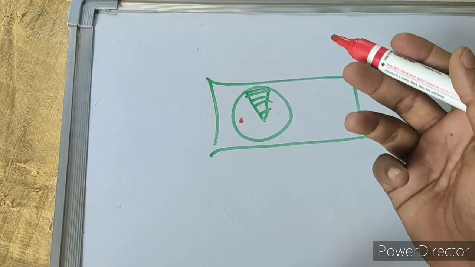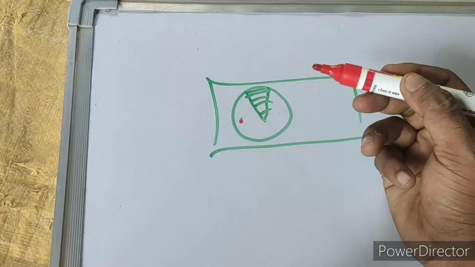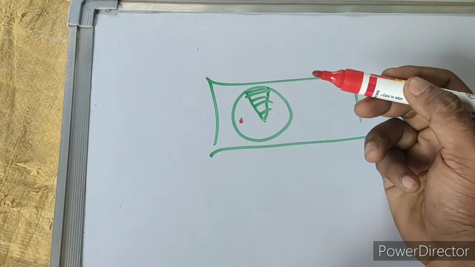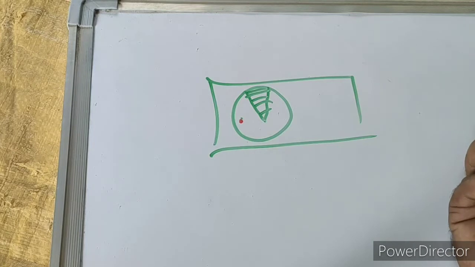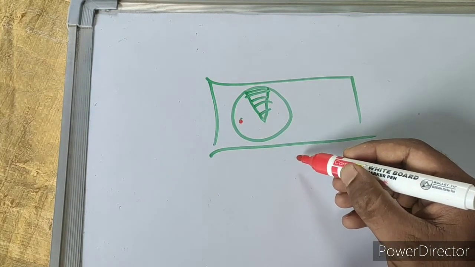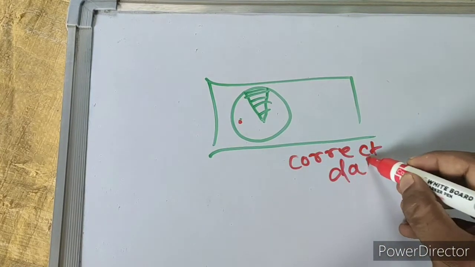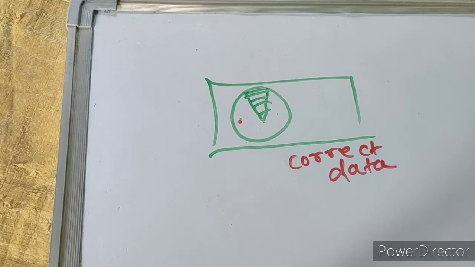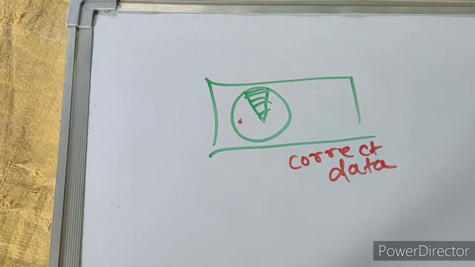Suppose an animal is entering. If the radar detects that animal and they fire a weapon on it, the animal will die. So here the question is, how correct is the data the radar is giving? Is the data identified by the radar correct, or is it something else?